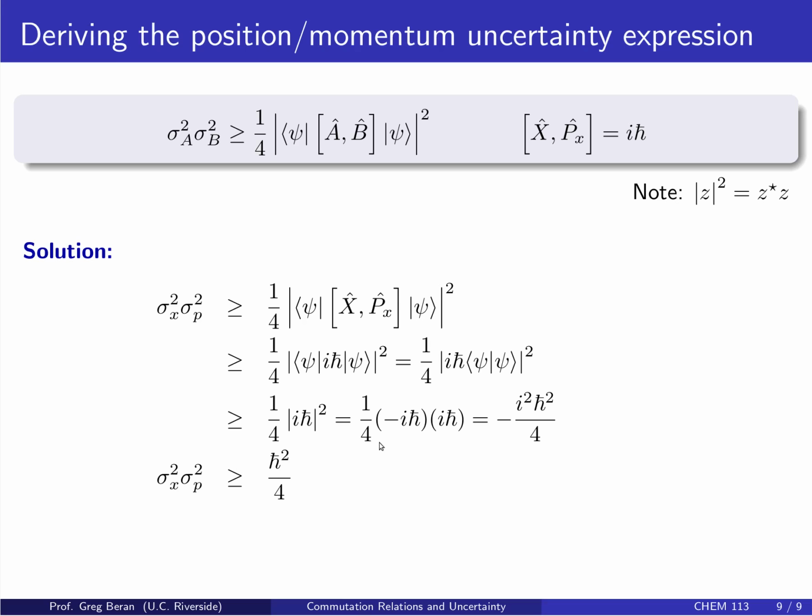And then of course bring along the 1/4 for the ride, multiply this all out, and I get minus i squared h bar squared over 4. i squared is equal to minus 1, which cancels the negative sign in front. So we get that sigma x squared times sigma p squared is greater than or equal to h bar squared over 4. Take the square root of both sides, and we get the uncertainty in x times the uncertainty in momentum is greater than or equal to h bar over 2, which is just the Heisenberg uncertainty expression we had before.